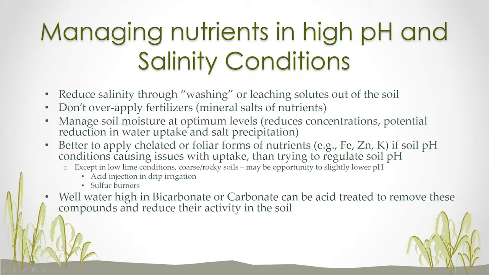So we want to manage our soil moisture at optimum levels. Remember, as we got higher and higher concentration, less and less water in the system, we could get nutrient precipitation reactions happening. And so it's good if we don't go into extreme drying cycles in our soils when we're trying to make sure that the nutrients are properly made available to plants at critical times.